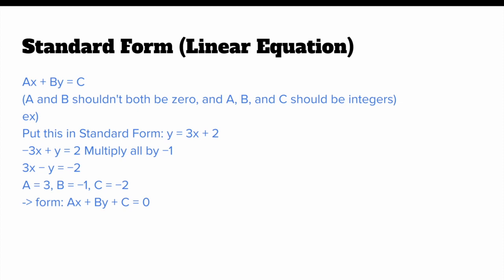So we multiply all by negative 1, which will be 3x minus y equals negative 2. So now we can note a as 3, b as negative 1, and c as negative 2. This form, ax plus by plus c, is 0.